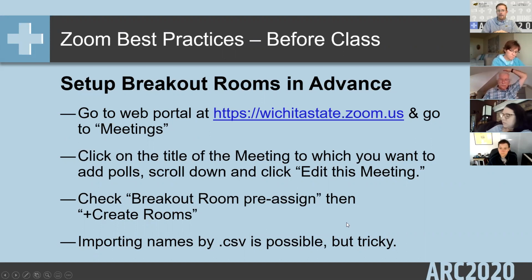You can import them by a CSV file, but your mileage may vary. I've heard frustrations on that end from a lot of faculty, so be aware that you might have some issues there. Use that feature with caution.